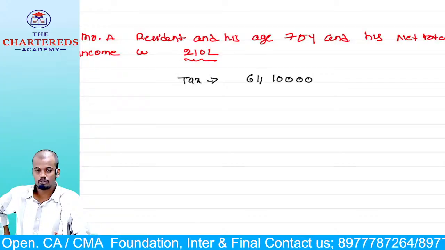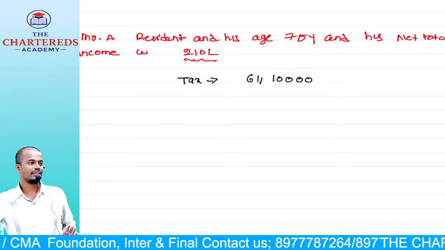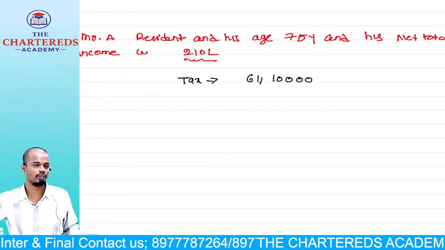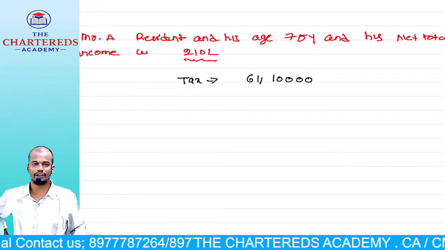In excess of 2 crores, 60 lakhs. 60 lakhs plus 1 lakh 10,000 is 61 lakh 10,000. Any doubt on this point, amma?